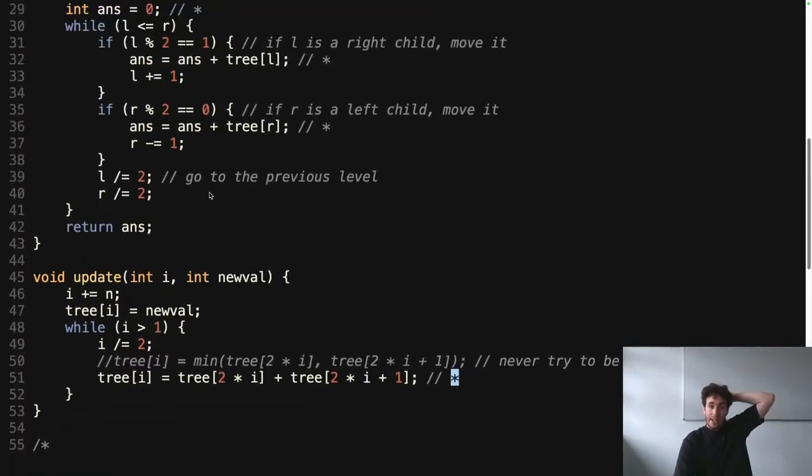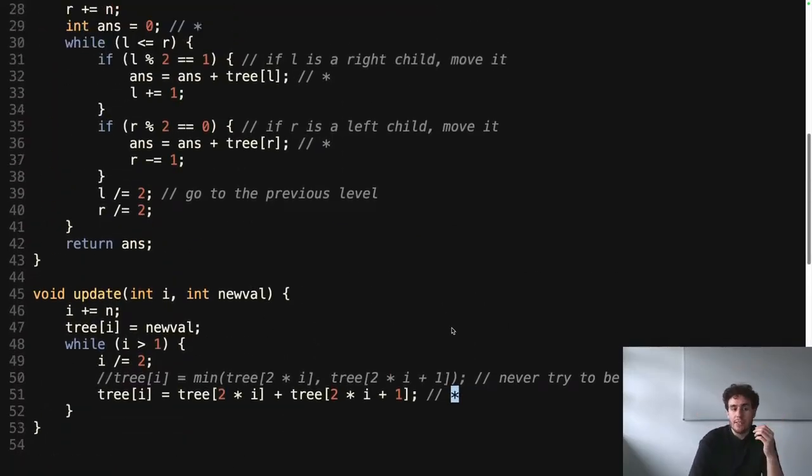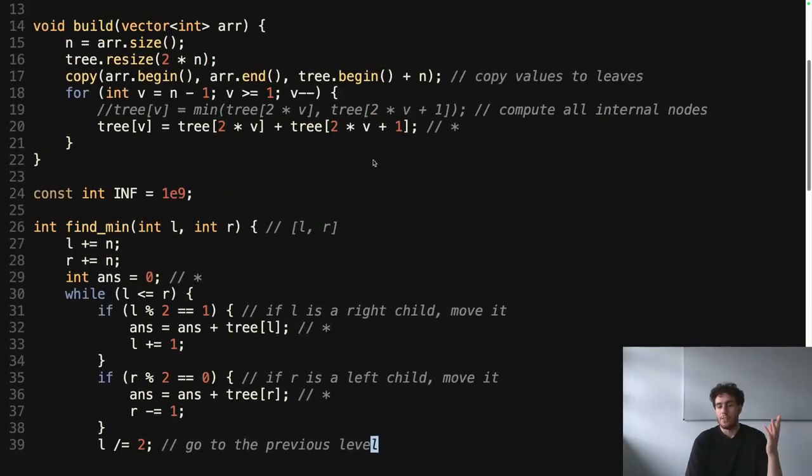So all these lines have to be changed, and a very small number of them. 1, 2, 3, 4, 5. I only changed 5 lines slightly, and now my segment tree works for sum on a segment rather than minimum.